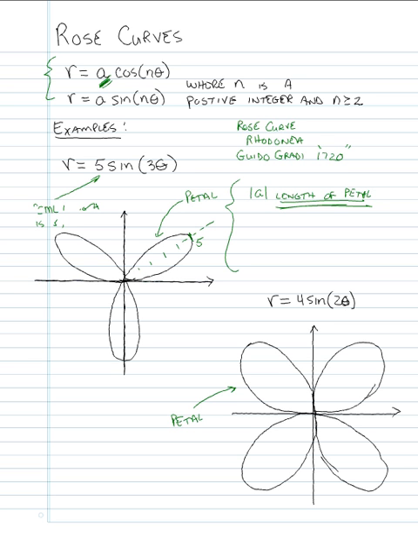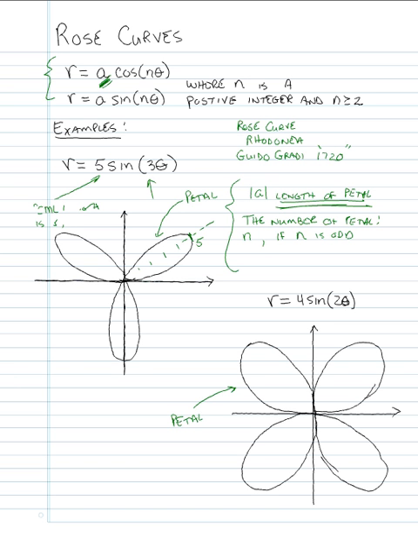How many petals? The number of petals is also clear by looking at the equation, but at first it may not be. Well, the number of petals is n. That's the number that's multiplying theta. It's n if n is odd. So you look at this example, the n value is 3.